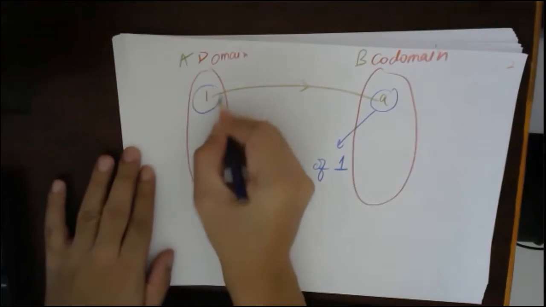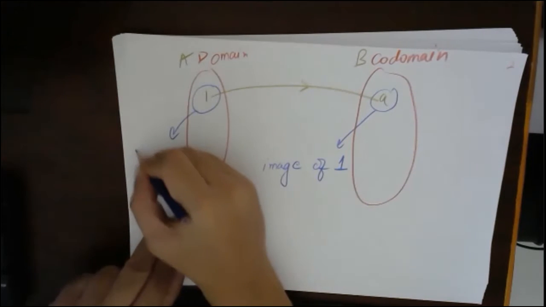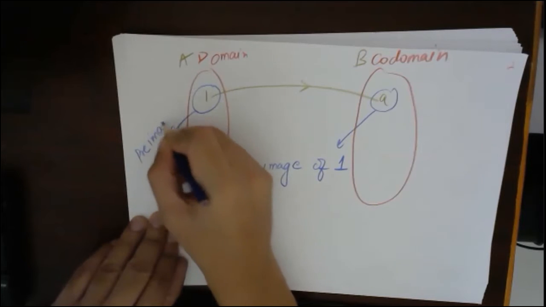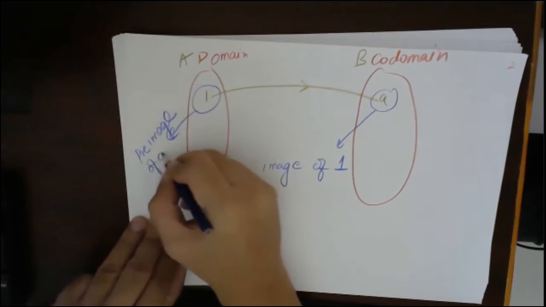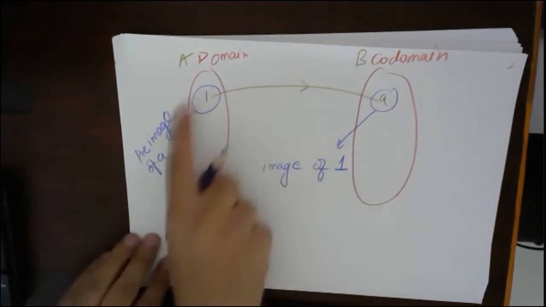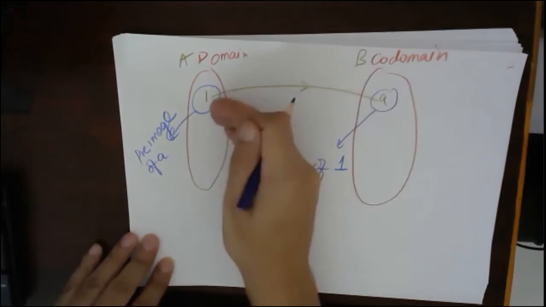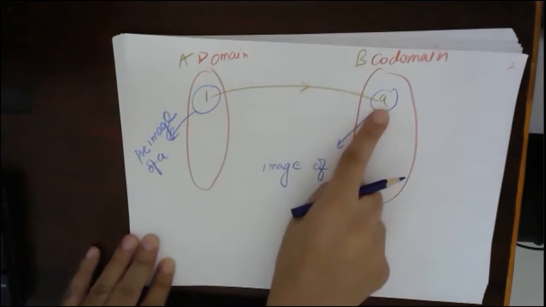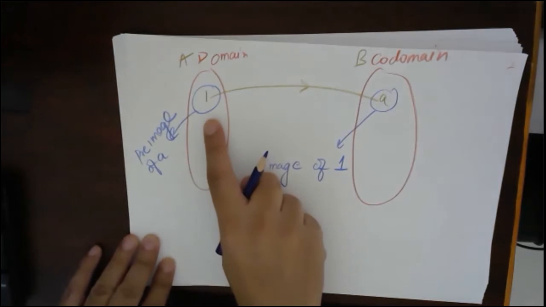And this one is called the pre-image of A, right? So A is called the image of 1, and if we move in the reverse direction, this is the pre-image. Understood, everyone?